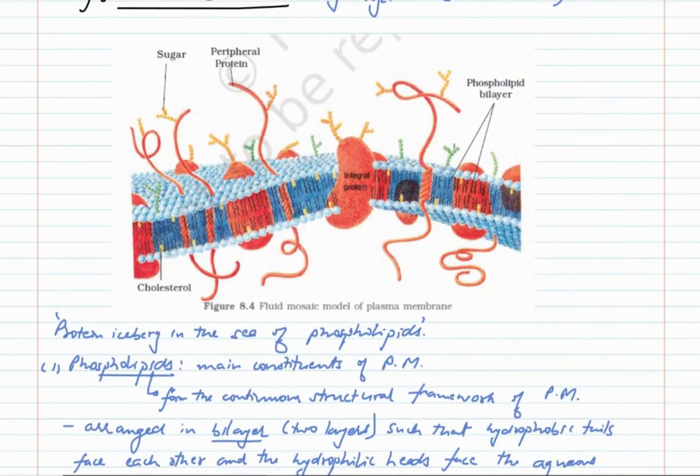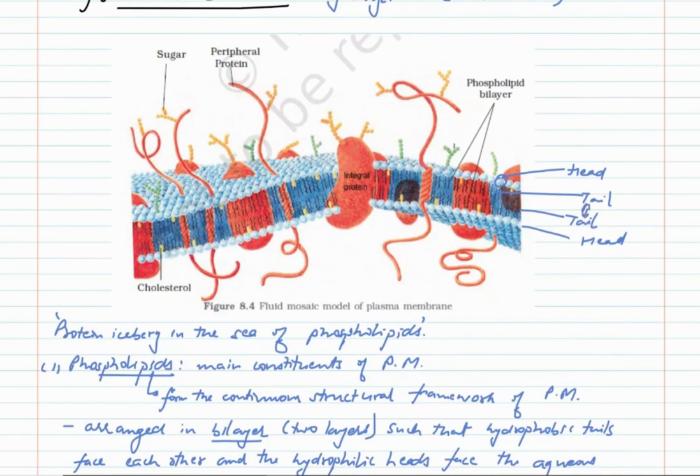Now this is the structure of a plasma membrane. Now we can see that this is a phospholipid, this is the head, this is the tail, this is the second layer of phospholipid with its head and the tail.